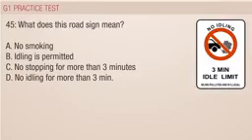Question 45. What does this road sign mean? A. No smoking. B. Idling is permitted. C. No stopping for more than 3 minutes. D. No idling for more than 3 minutes. Answer D. This is a no idling sign.